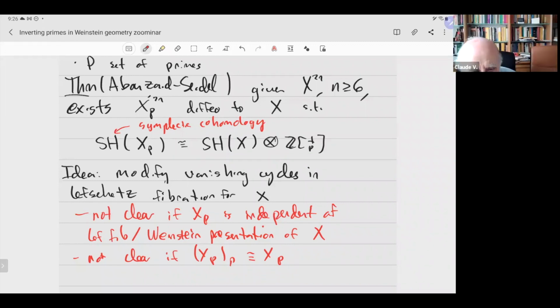Can I ask a question? There's one point I don't completely understand, because the homology of X goes into SH of X, or the other way around, it doesn't matter.